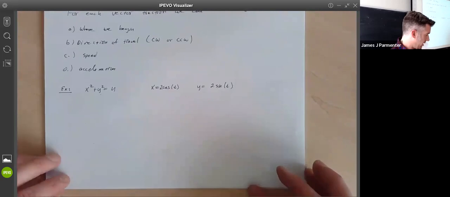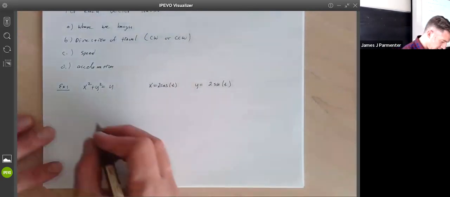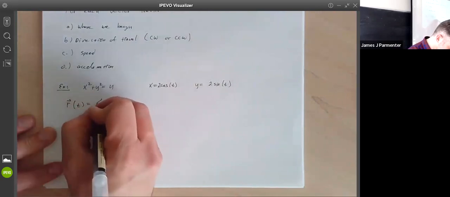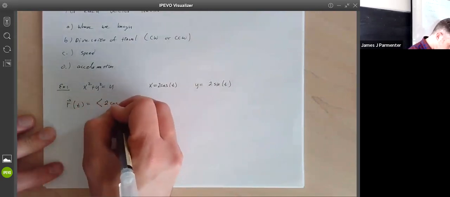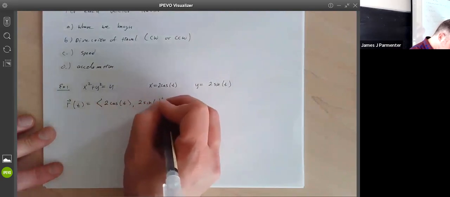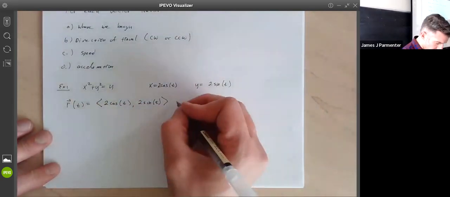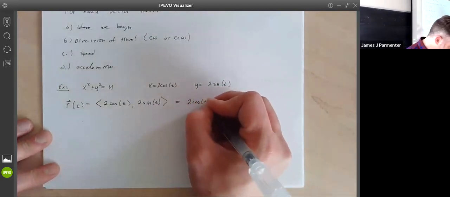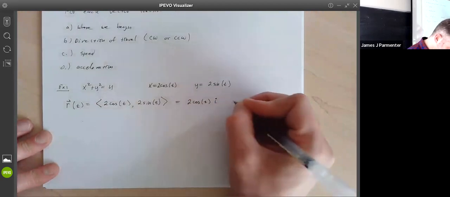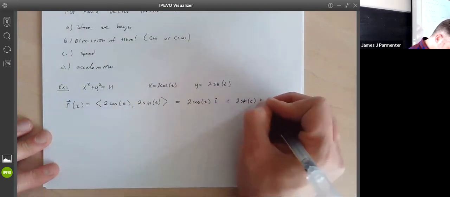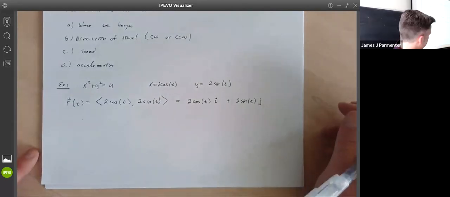And if I want to write that as a vector valued function, I'm going to write r as a function of t is the vector 2 cosine of t, 2 sine of t. And you can use this notation, or you could use the ij notation. You can say 2 cosine of t i plus 2 sine of t j. Either way is fine.